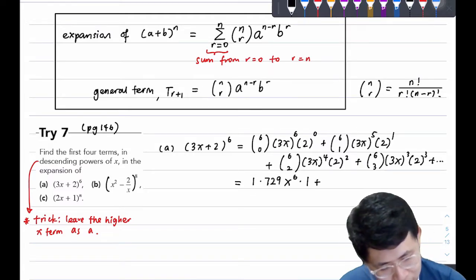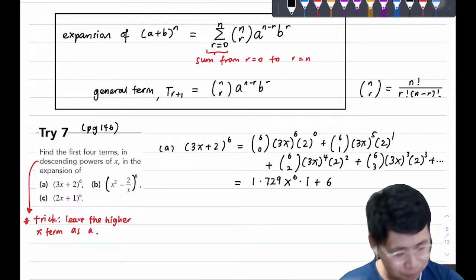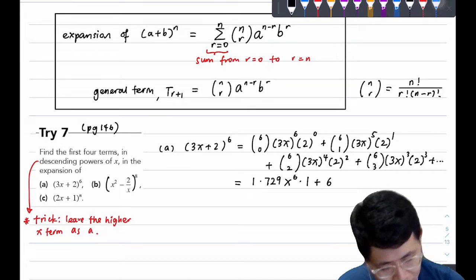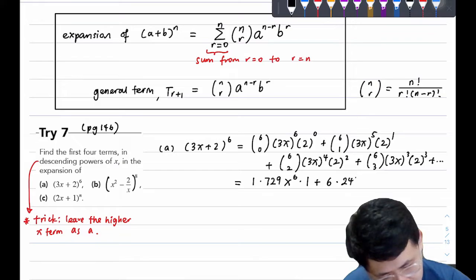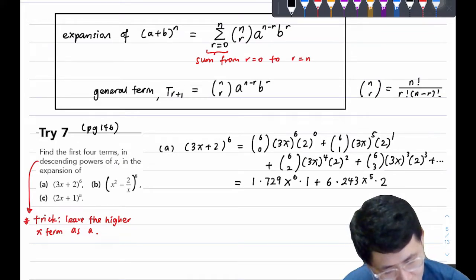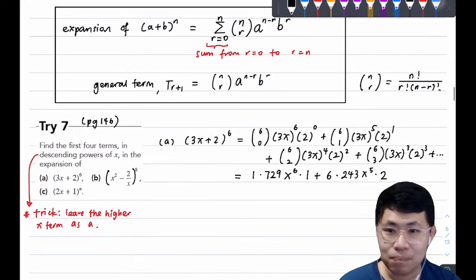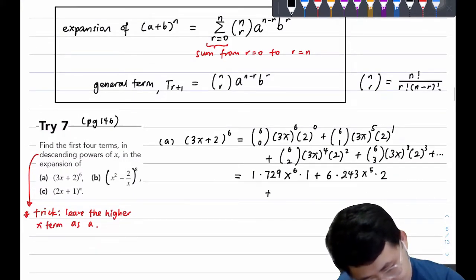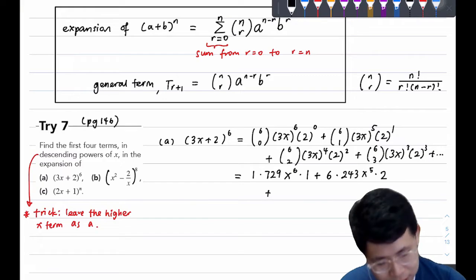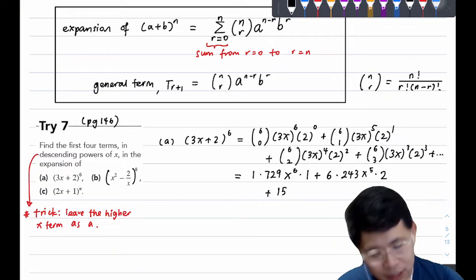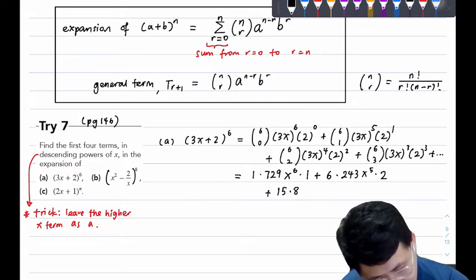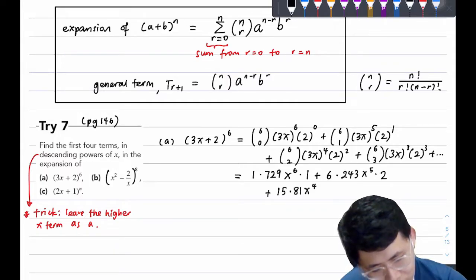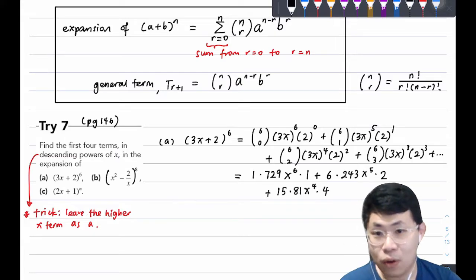Plus 6 choose 1, your calculator will tell you 6. Now 3 to the power of 5 is 243 times x to the power of 5, then times 2. So this would be the second term. Third term: 6 choose 2, your calculator will tell you this is 15. 3 to the power of 4 is 81, so 15 times 81, and x to the power of 4 times 2 squared, times 4.